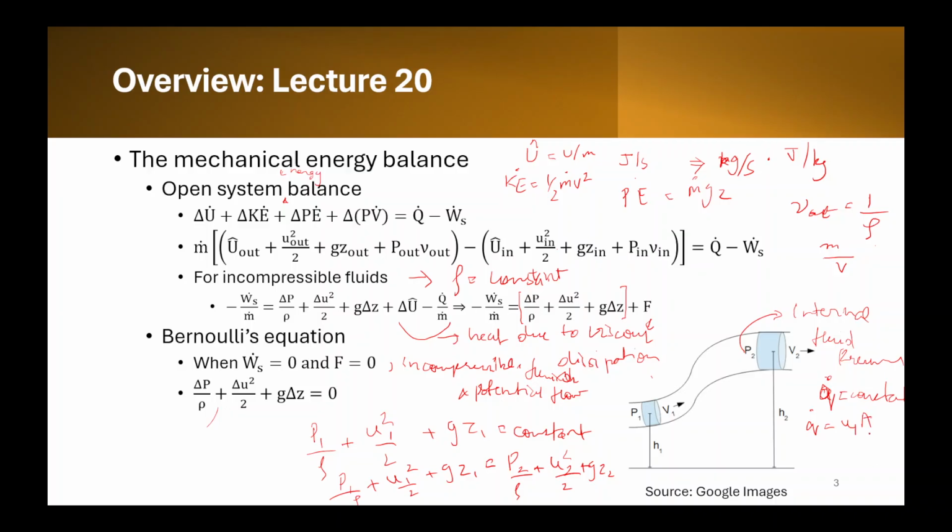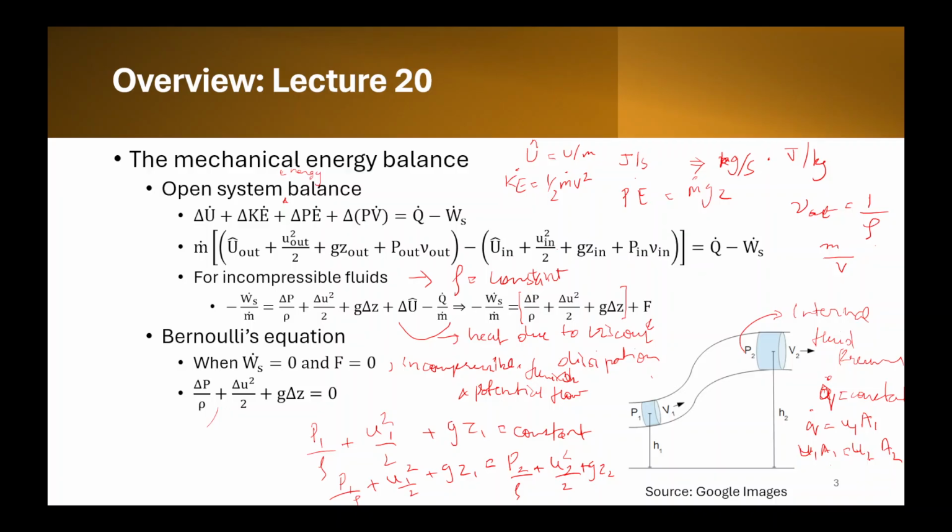So U1 A1 is equal to U2 A2. If A1 is low, then U2 needs to be higher so as to keep this term constant as well.